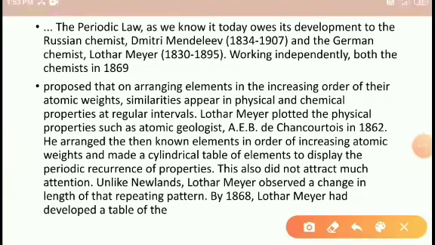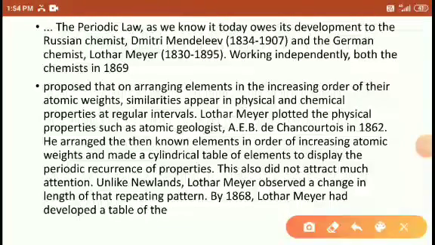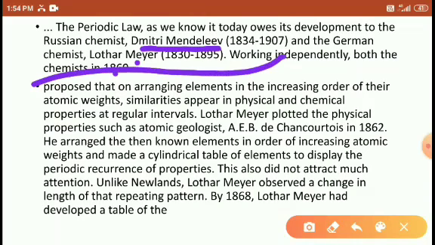Finally, the periodic law today owes its development to the Russian chemist Dmitri Mendeleev and the German chemist Lothar Meyer. Working independently, both chemists in 1869 proposed that arranging the elements in increasing order of atomic weight makes the physical and chemical properties appear at regular intervals.